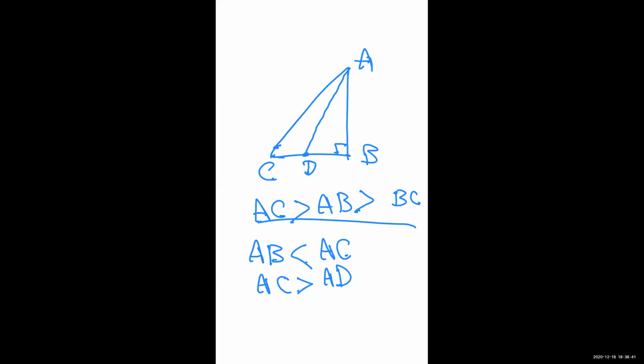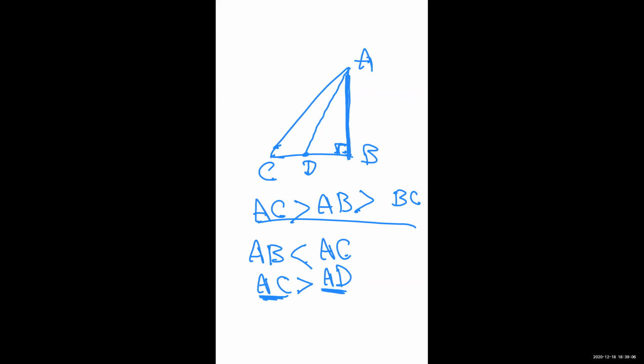So this means the angle which is opposite to AC is less than the angle which is opposite to AD. Okay? So simply, guys, the perpendicular line, or the perpendicular distance, is the shortest distance between any 2 points.